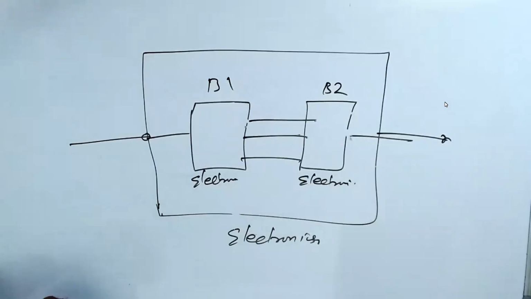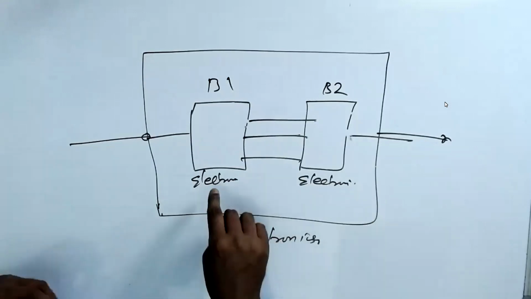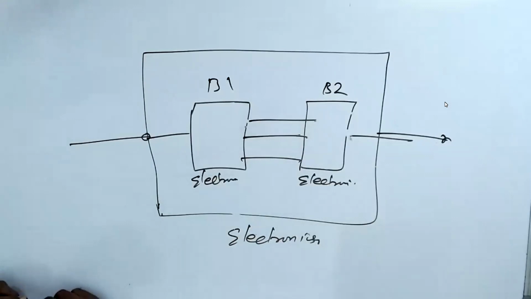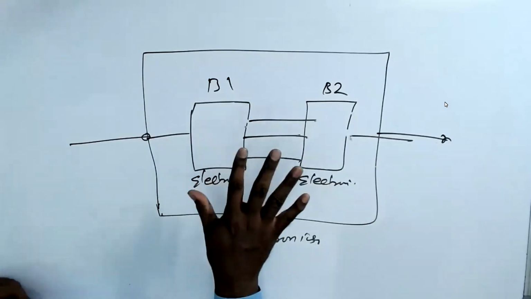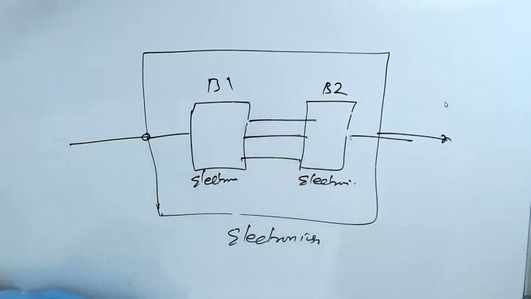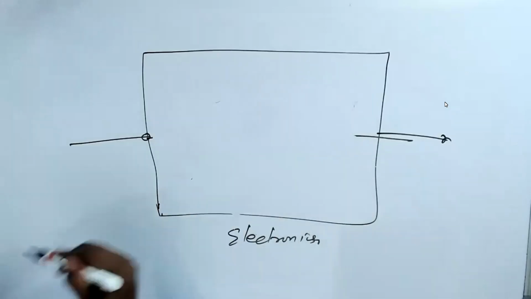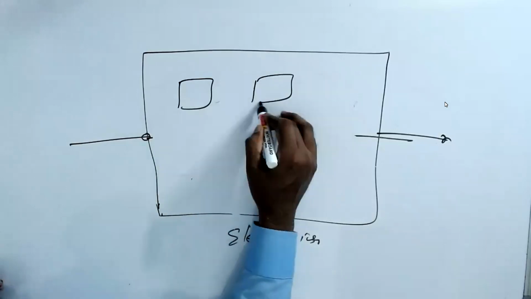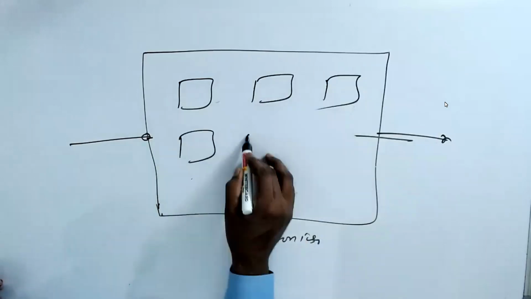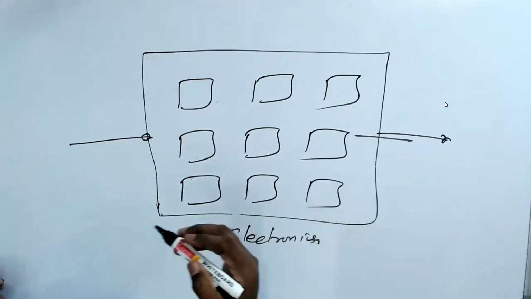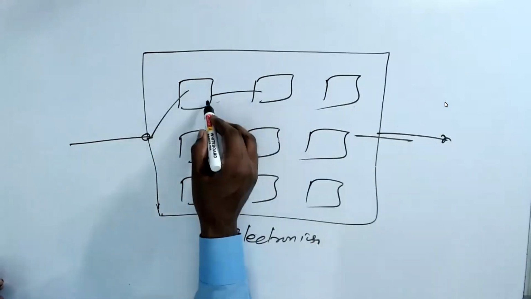So that's why we have a confusion: how come electronics plus electronics is electronics? That's a beauty. I hope this is clear. That means within the board, within the top electronics, I can have n number of electronic blocks. Each can be connected in a different way.